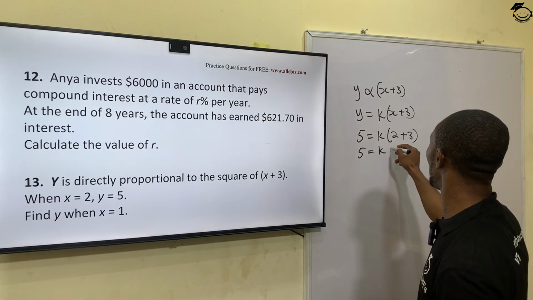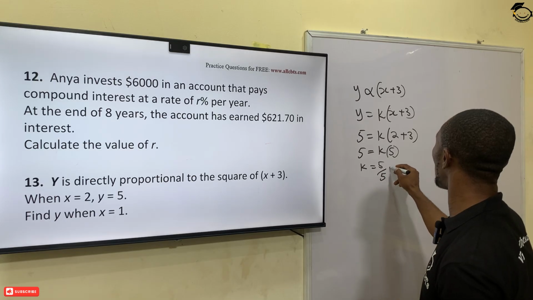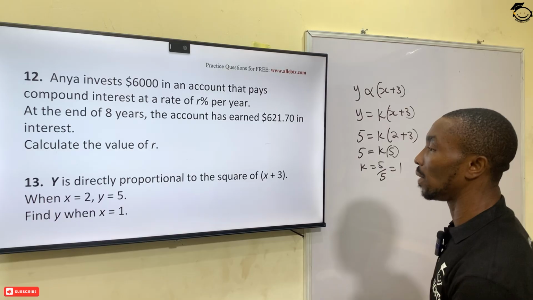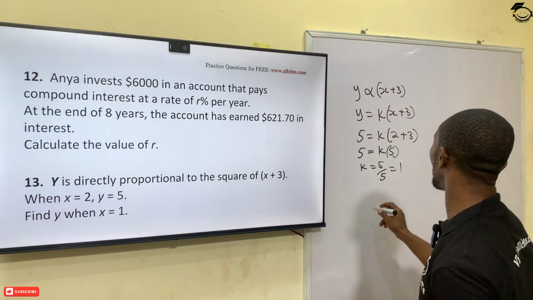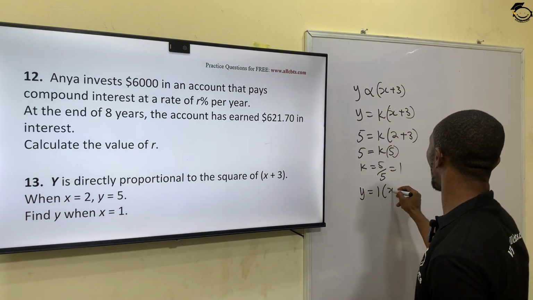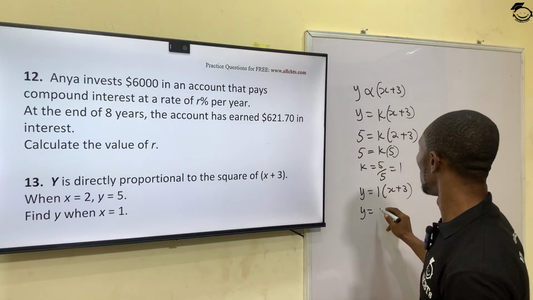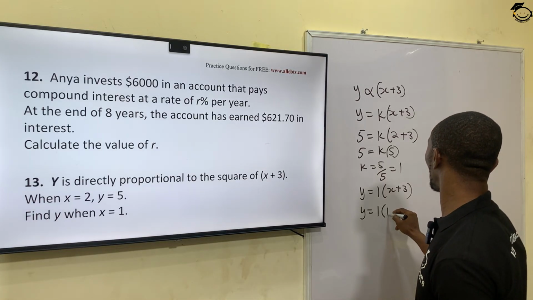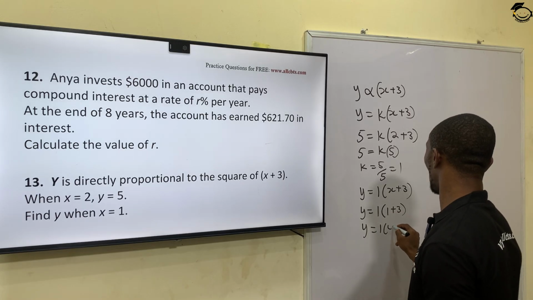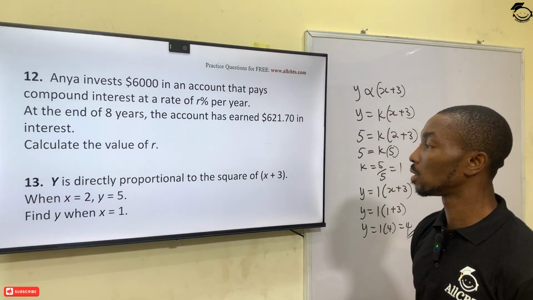So 5 equals k times 5, so k equals 5 over 5, which is 1. So find y when x is 1. If we have y equals 1 bracket x plus 3, then y equals 1 bracket 1 plus 3, which is y equals 1 times 4, which gives us 4. So the value of y is 4.